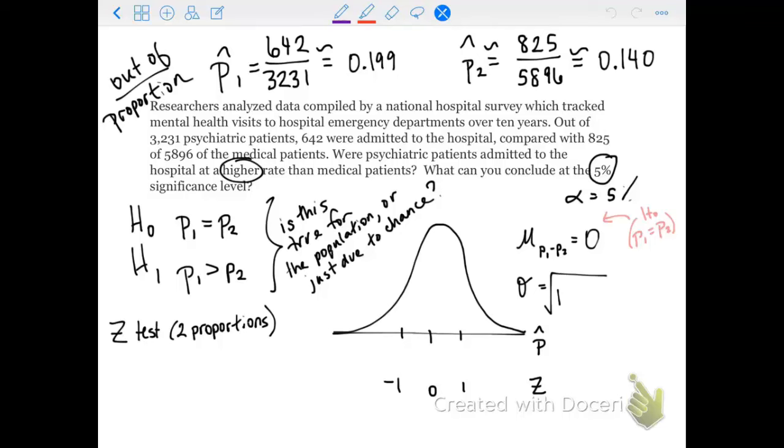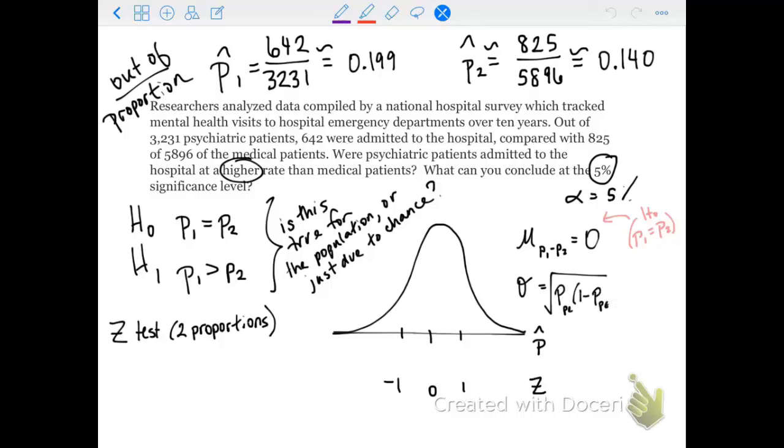The standard deviation of the difference between these proportions is a little tricky. We don't know the populations. They weren't given to us. We don't know the population proportion. Therefore, we can't just do P times Q over N or something like that. We need to use the pooled estimate. So that's what this stands for.